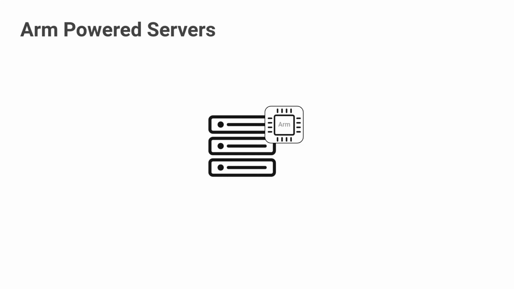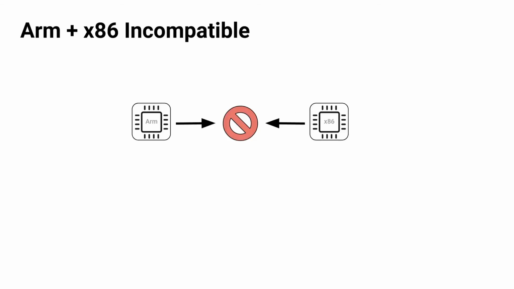That means the underlying hardware that hosts your virtual machines uses an ARM processor, and it also requires you to use an ARM capable kernel. The reason is that ARM and x86 architectures are not compatible. They use different instruction sets, so the processors understand their directives in a different way.